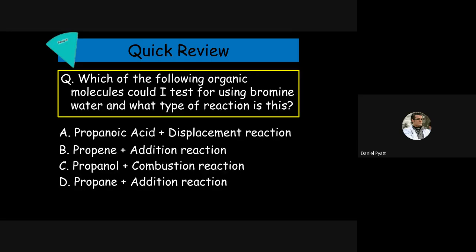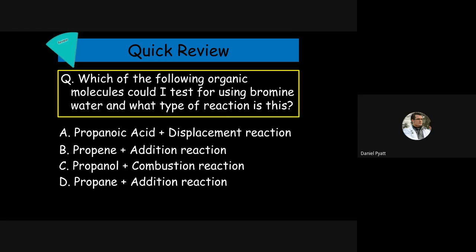Which of the following organic molecules could I test for using bromine water, and what type of reaction is this? Okay, so we test bromine water.